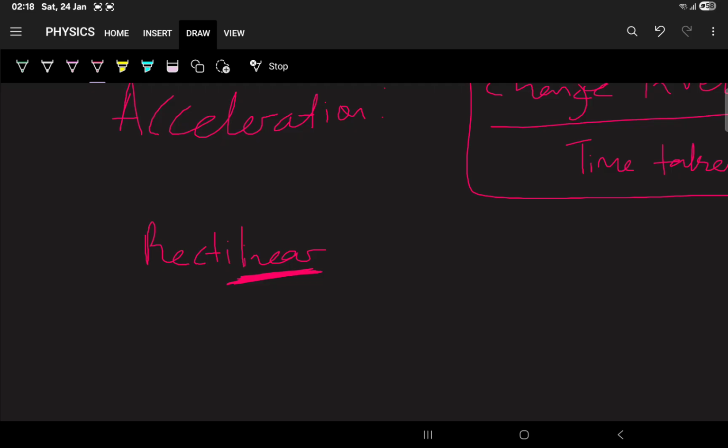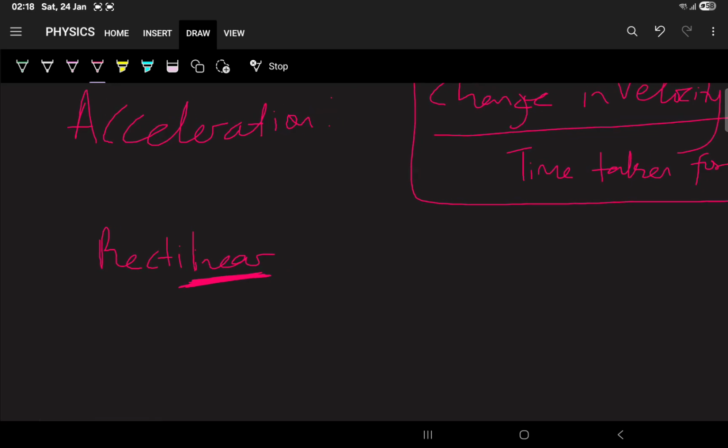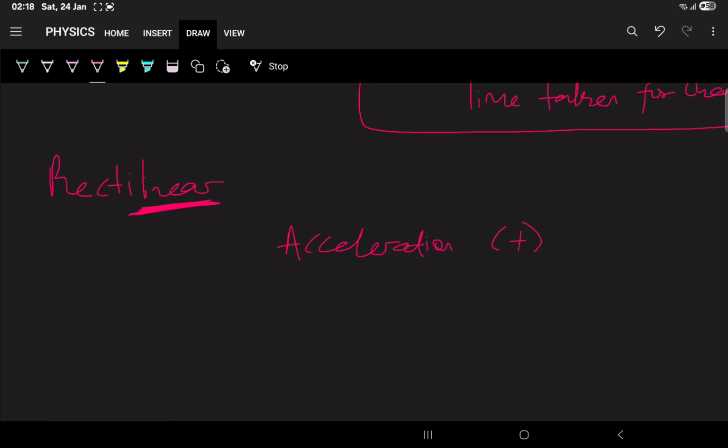Now, when the velocity of an object changes, it could be said to accelerate or decelerate. Acceleration is the increasing rate of velocity with time. So acceleration is connoted positive. Now, there's its counterpart.